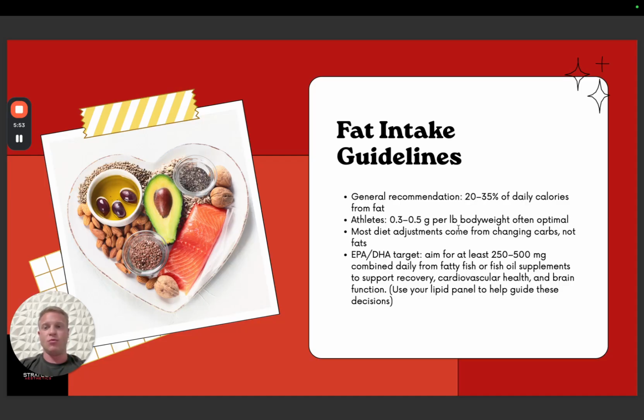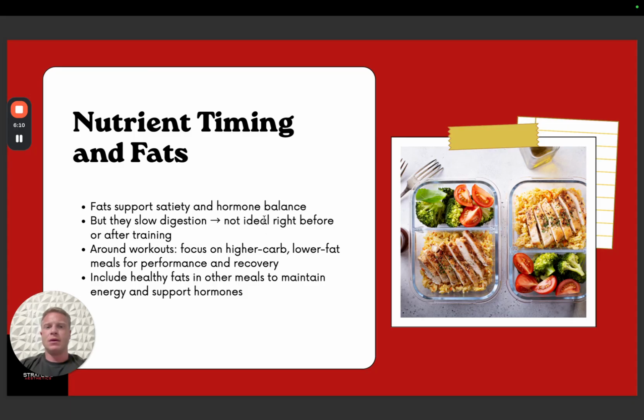So fat will slow digestion. If you're getting too much of it, you're going to get pretty bogged down digestion-wise. And if you don't have enough fat, you can have some negative side effects like hormone suppression, stuff like that. So we don't want to go super low. Like I just mentioned, fat does slow digestion.